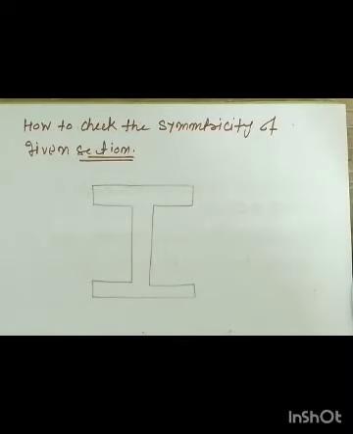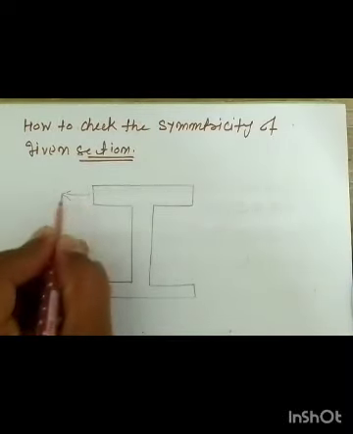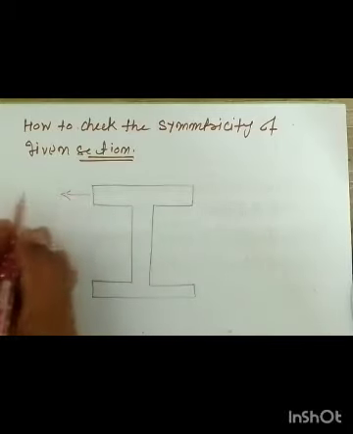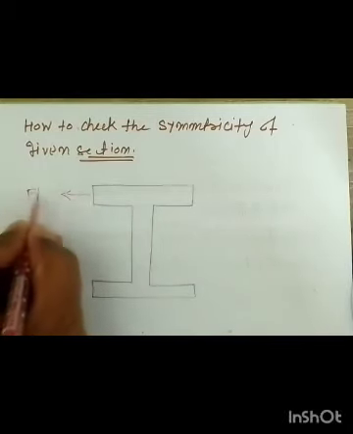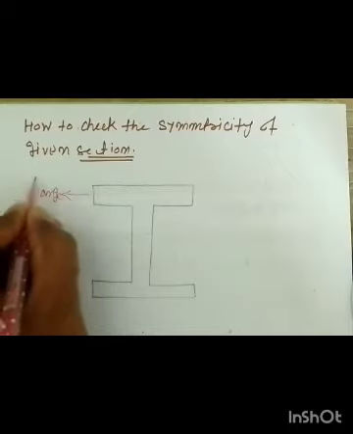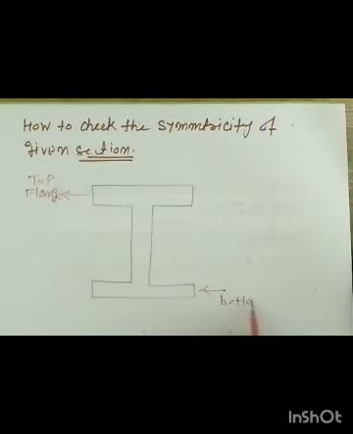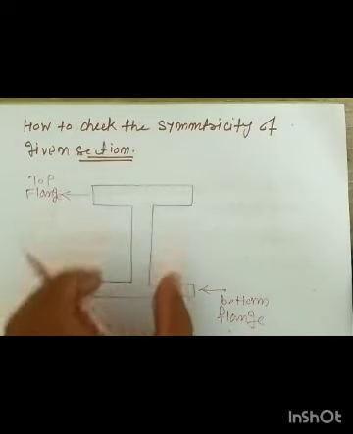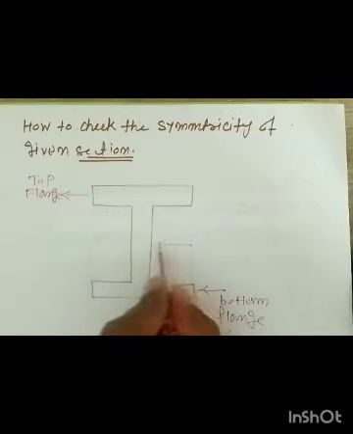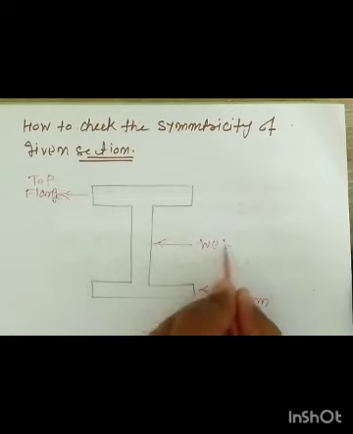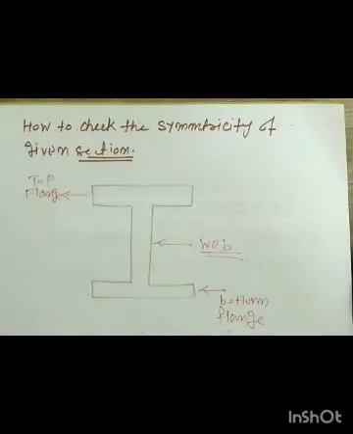Before starting, I tell you that this portion, the top rectangular portion, is known as the top flange. The bottom rectangular section is known as the bottom flange, and the vertical section in between these two is known as the web.